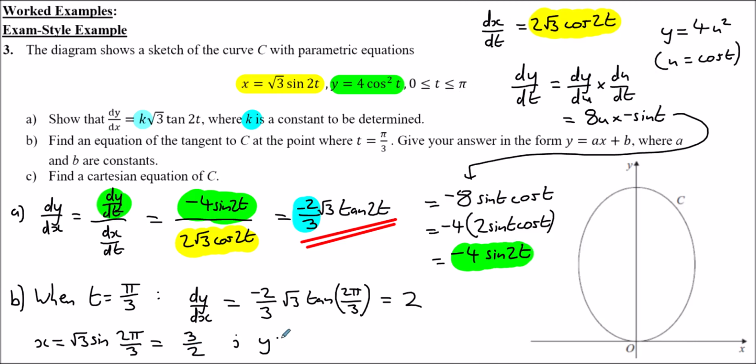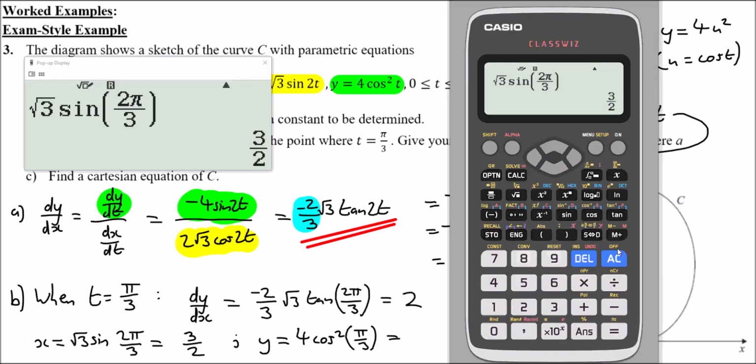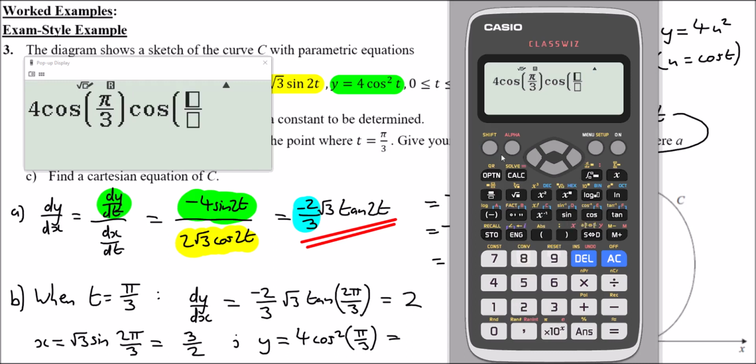And y is going to be 4 cos squared t, where t is pi over 3. So in terms of doing this on the calculator, we can just type in 4, where we do cos pi over 3 again, and times the same thing. We could do pi over 3 in brackets all squared. Doesn't really make any difference, to be fair. We get equals 1.